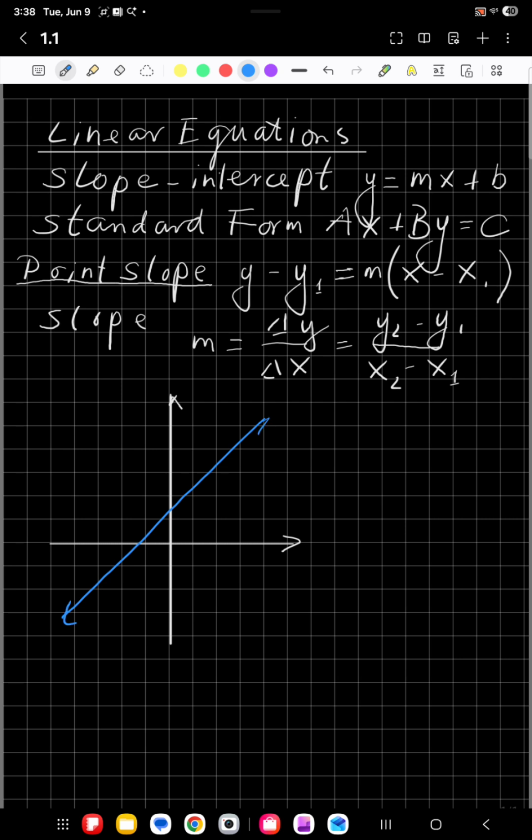And then we have 2 points on the line. So first one, second one, and coordinates. Let's do maybe this one, x2, y2. And coordinates of this one will be x1, y1.